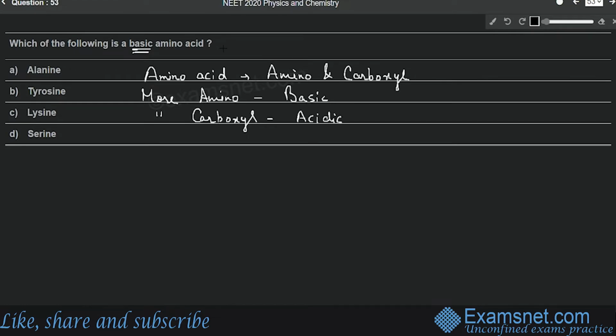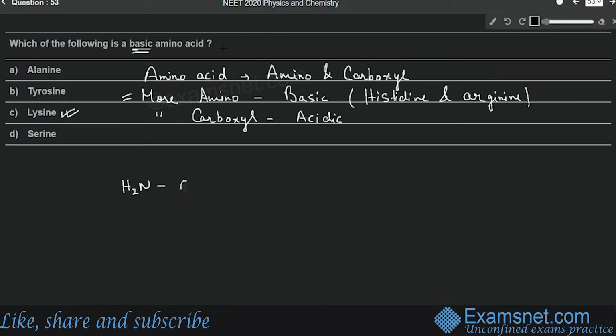Here we are asked about the basic amino acids. Out of the given options, lysine is the example of a basic amino acid. Other than lysine, histidine and arginine are also basic amino acids. Now let's have a look at the structure of lysine.